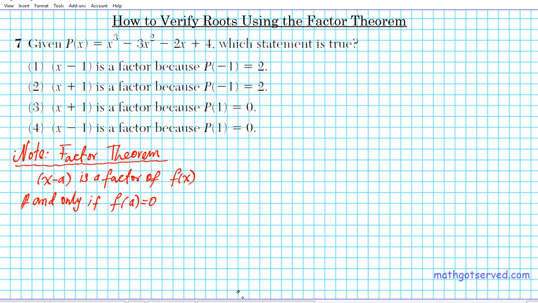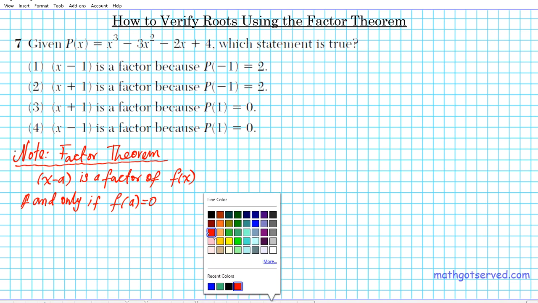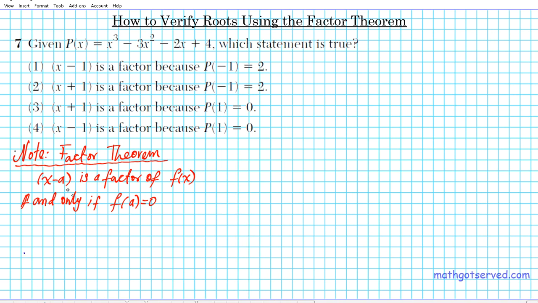We're going to be using this factor theorem to go through the problems. The factor theorem says if you plug in the related roots to the factor, you're going to get 0. Take a look at the 4 options.